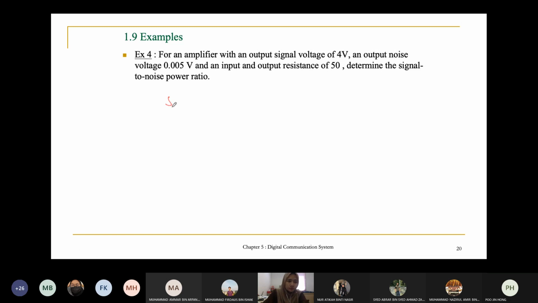So for the signal to noise ratio, for example, I want to calculate the signal to noise ratio in decibel. Okay, make sure that you use the correct formula. This is in terms of voltage. So instead of 10 log, this will become 20 log. 20 log signal voltage divided by noise voltage.